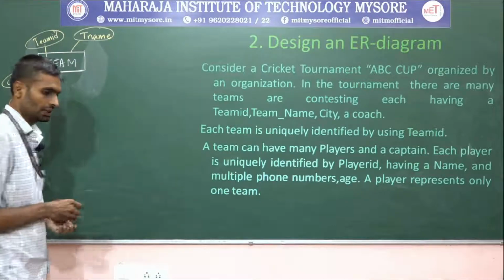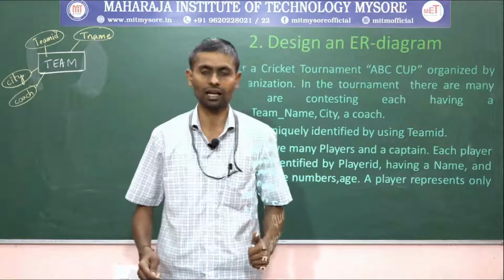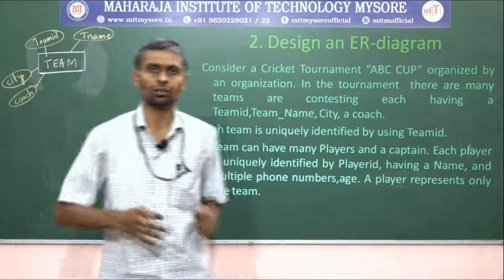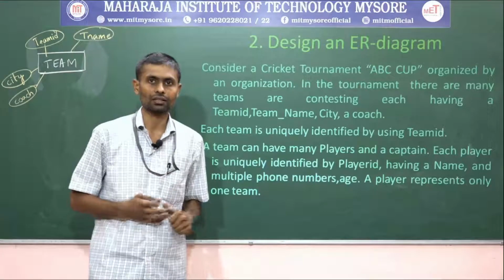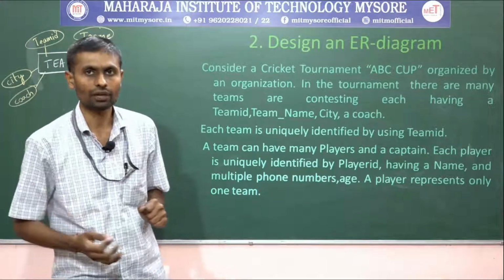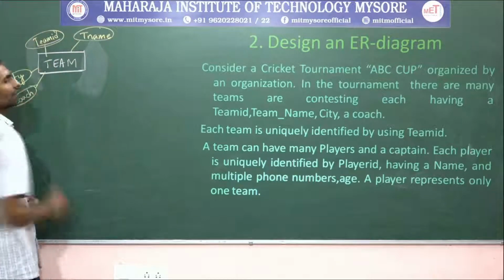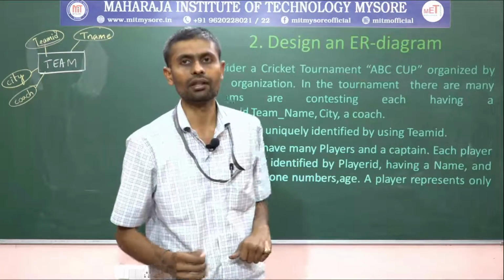What is the notation we use? We are using underlining of that attribute, right. It's a standard notation used especially in mentioning any key attribute in an entity type. Let me underline the team ID here, so that it becomes a key attribute of the team entity type.